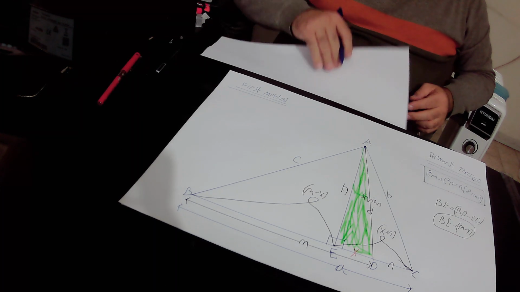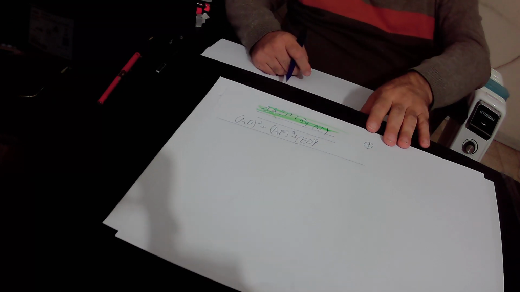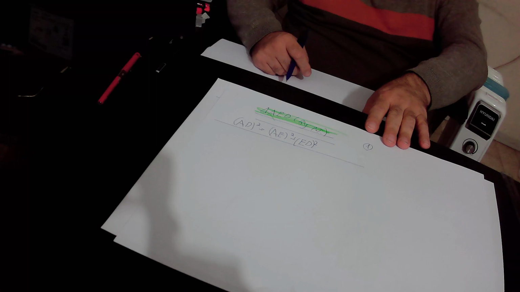I'll repeat again. In the right green triangle AED, we get that AD squared equals AE squared plus ED squared.